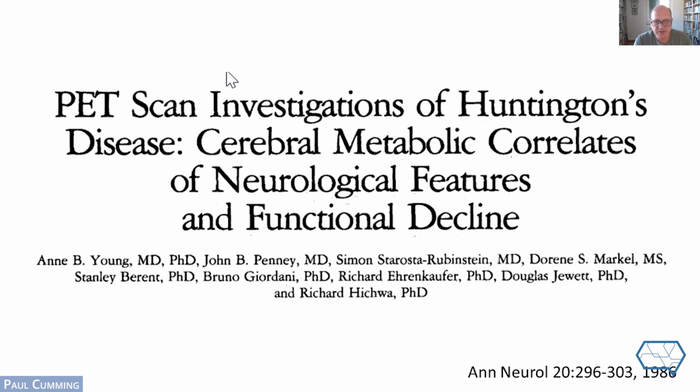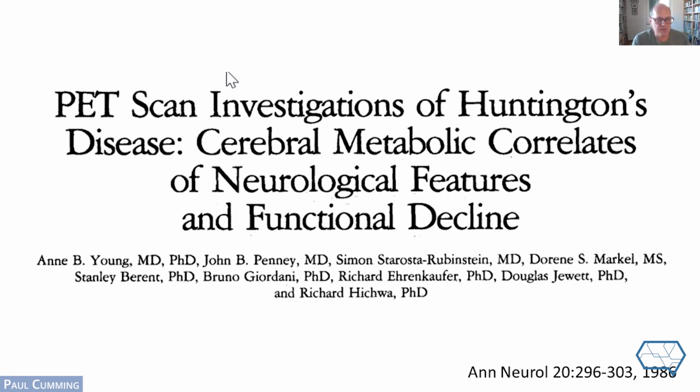And FDG was one of the very first, and as I said repeatedly, still the most successful tracer, used in what we call the early days of PET research. The early days of PET research means the 1980s. And one of the relatively first studies in the realm of neurology was the use of FDG to study the very mysterious and catastrophic disorder of Huntington's disease.